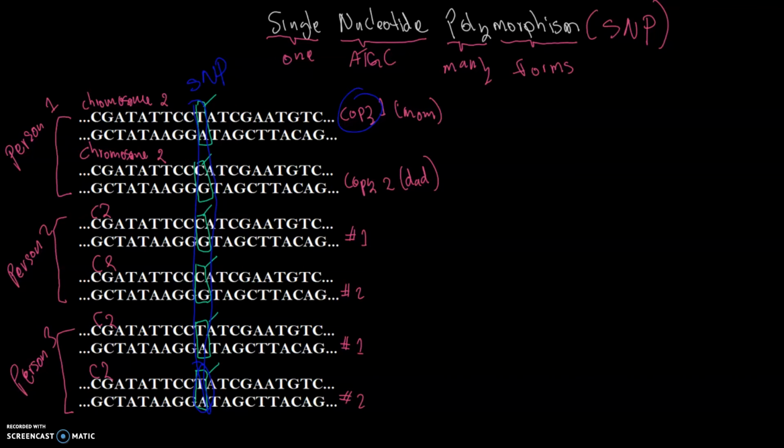Now, there are many SNPs in our genome. On average, they occur about once in every 1,000 nucleotides, which means there are roughly 4 to 5 million SNPs in a person's genome.